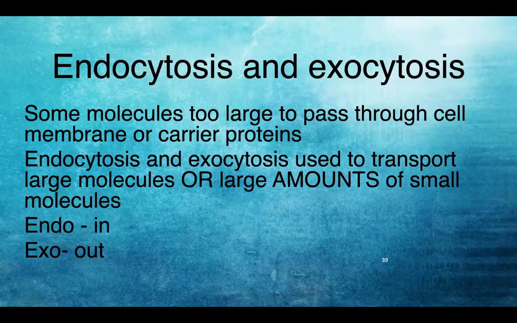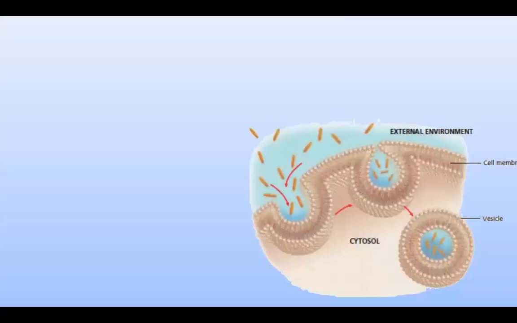When I talked about the endoplasmic reticulum, the ribosomes, rough endoplasmic reticulum, and Golgi body, how they all cooperate to export proteins. That process of the vesicle from the Golgi body going to the cell membrane, fusing with the cell membrane, and releasing the proteins to the outside of the cell, that was exocytosis.